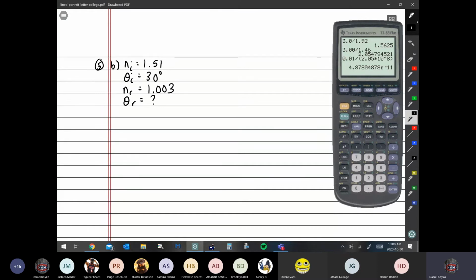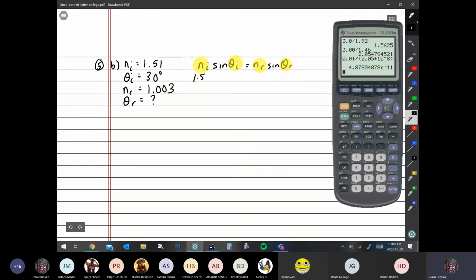Because I'm using angles, this is a Snell's law question, Ni sine theta I equals Nr sine theta R. So for this question, we sub in only numbers into these 4 variables. The signs stay around until the very end.